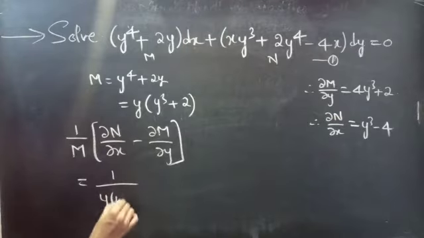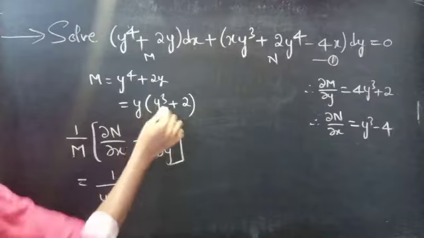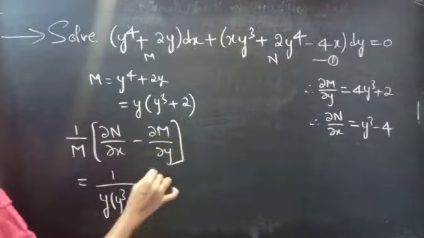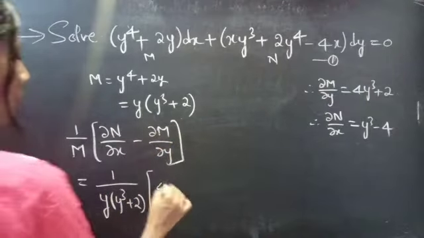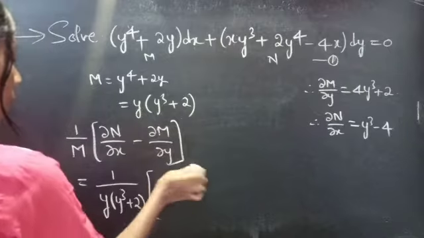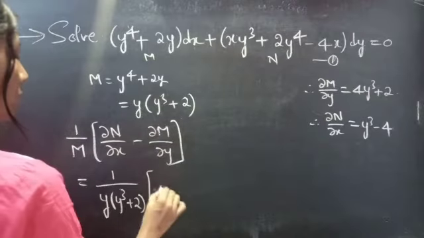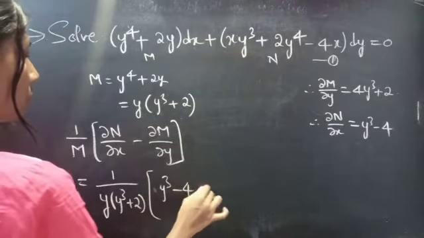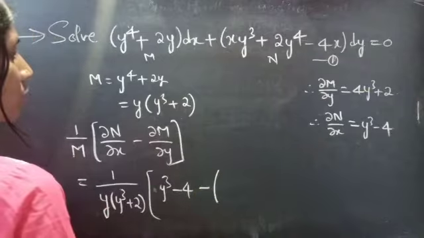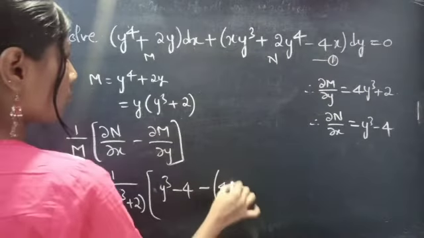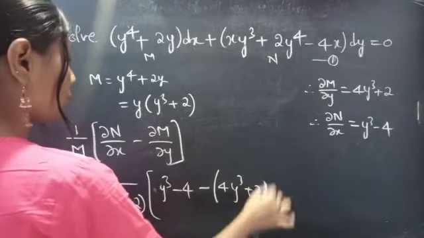1 by y times y cube plus 2 into partial derivative of n with respect to x, which is y cube minus 4, minus partial derivative of m with respect to y, which is 4y cube plus 2.